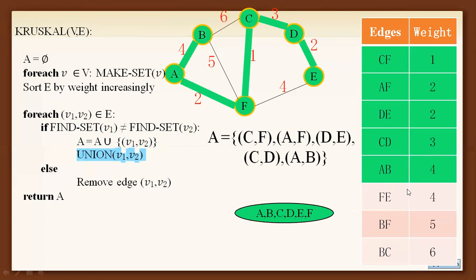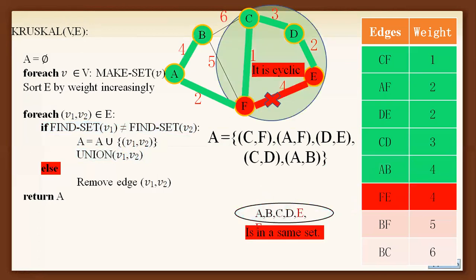And the next minimum weight is 4 of FE. The edge FE has the weight of 4. If I select the vertices F and E, we should not consider it. Why? Because when we consider the vertices F and E, there is an edge with cost 4, and if I consider that edge, a cycle will be formed.